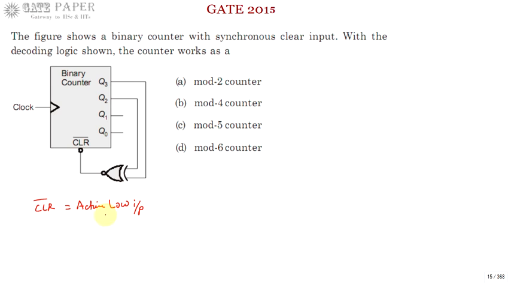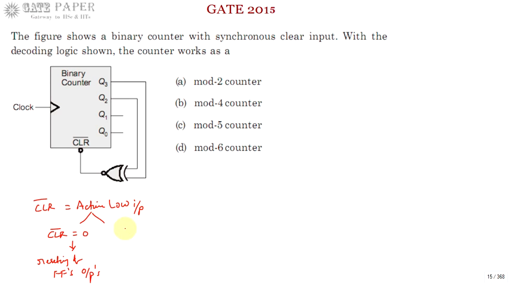So you can write the clearing function of clear this way: if clear bar is equal to 0, then resetting of the flip-flop outputs takes place.